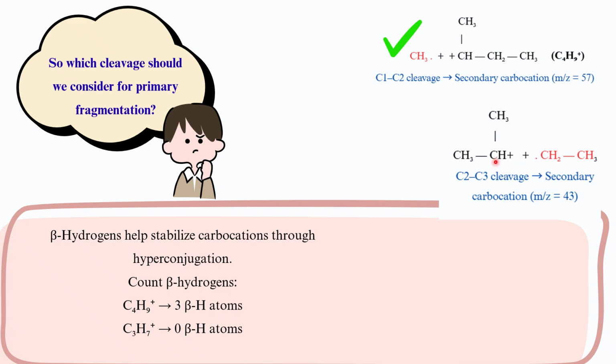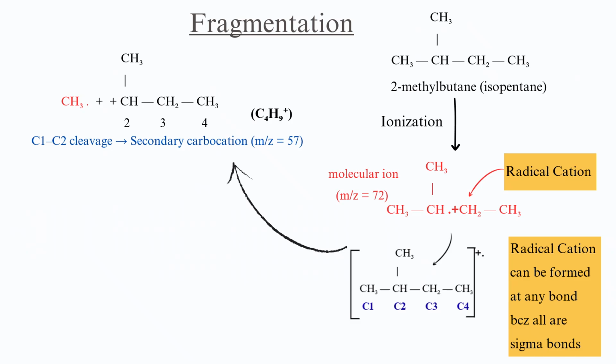Whereas in this case I just have the alpha carbon, with no beta carbon present, so there are zero beta hydrogen atoms. This means this one will have higher hyperconjugation than this one. Hence this radical cation will be more stable than that radical cation, so I will go with this as my primary fragment.